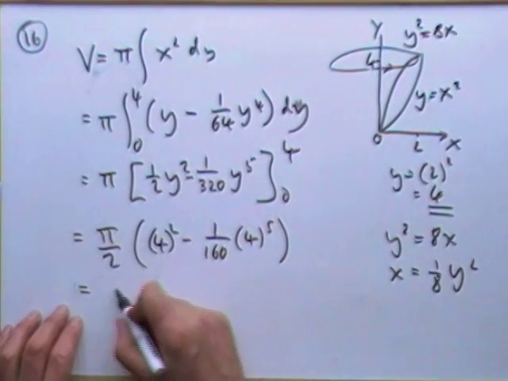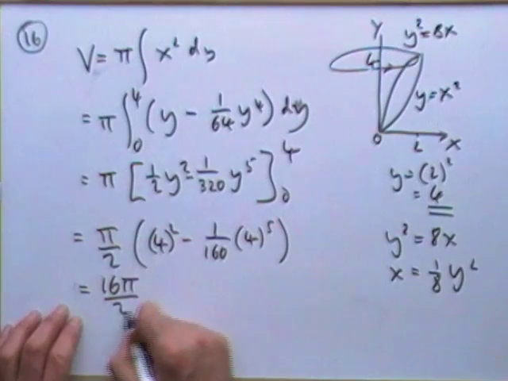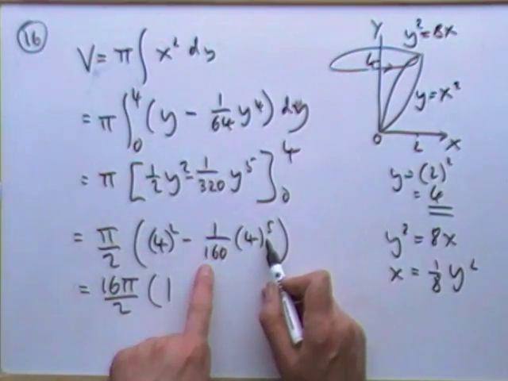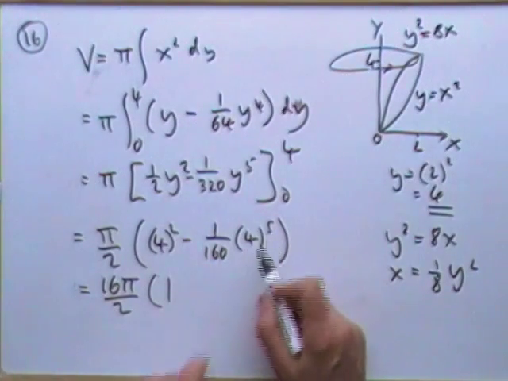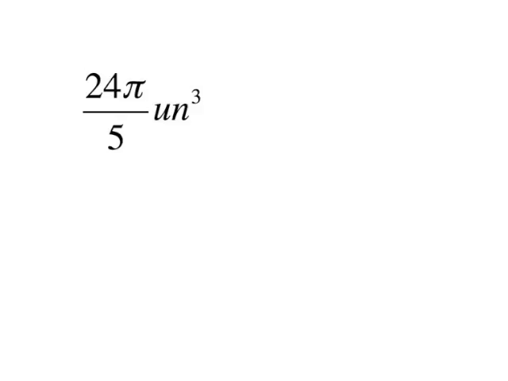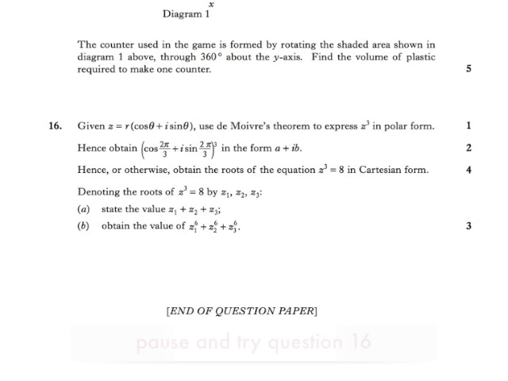Well, I'll take out 4 squared, so I'll take out 16, so 16 pi upon 8 times, that just leaves 1, and that leaves 4 to the power 3, but 16 is 4 to the 2, so that would cancel out one of them, just leaving a 4, that leaves a 10 underneath. Whoops, recording cut out there, so that would have been 16 pi upon 2, which is 8 pi, 6 upon 10, which is 3/5, multiplying them 24 pi upon 5 units cubed for the volume.